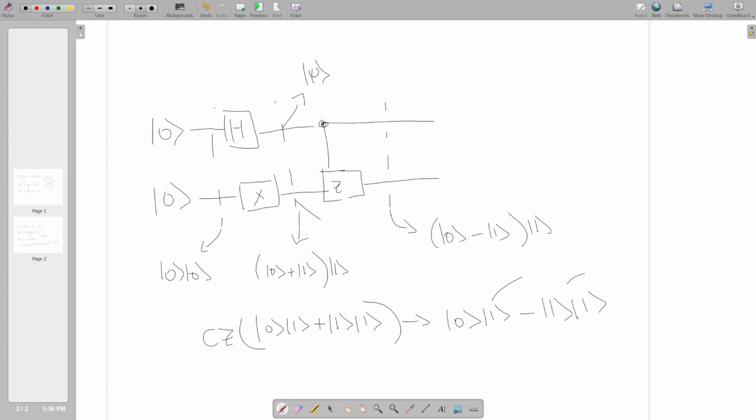This resulted in this effect. If we did this process on the top qubit, this is exactly equivalent to 0 H, Z, and then down here, we can put the X or not, it doesn't matter.